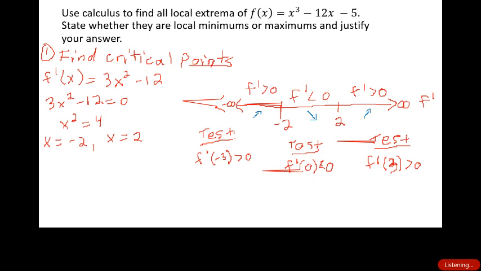So on either side of negative 2, the function goes from increasing to decreasing. So that point right there, that's a local maximum. So there is a local maximum at x equals negative 2.